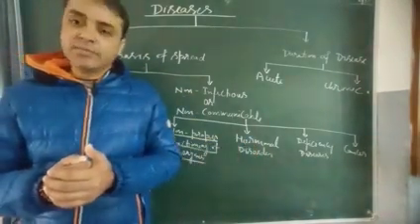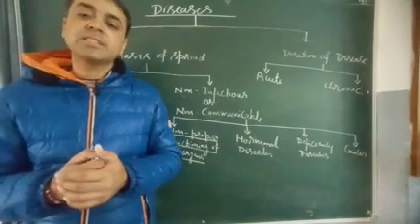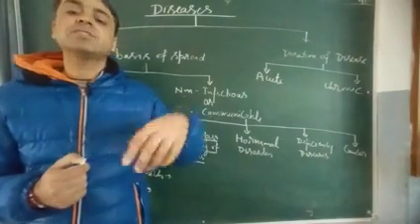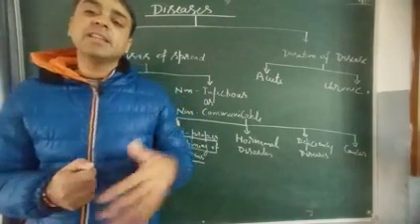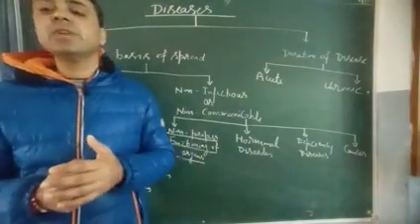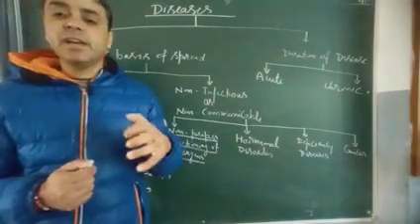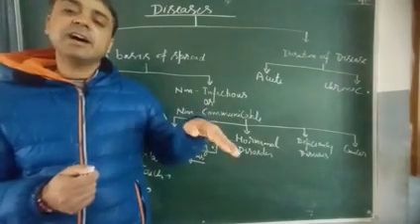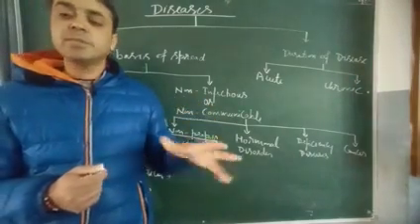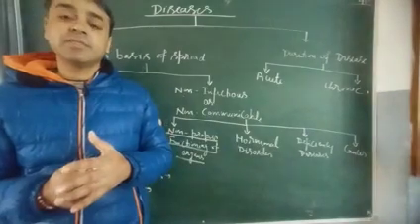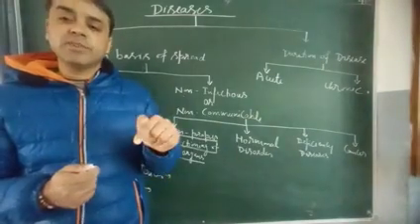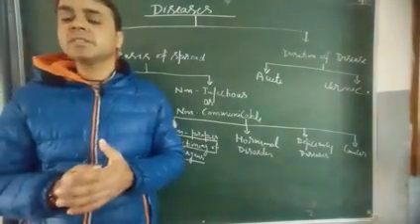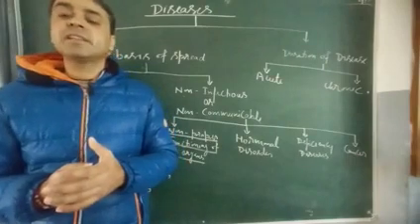Like dwarfism: if the growth hormone secreted by the pituitary gland is not secreted in proper amount, then the growth of the person will not take place properly, their height will not increase, and this person will suffer from dwarfism. Thyroxine is a hormone secreted by the thyroid gland.